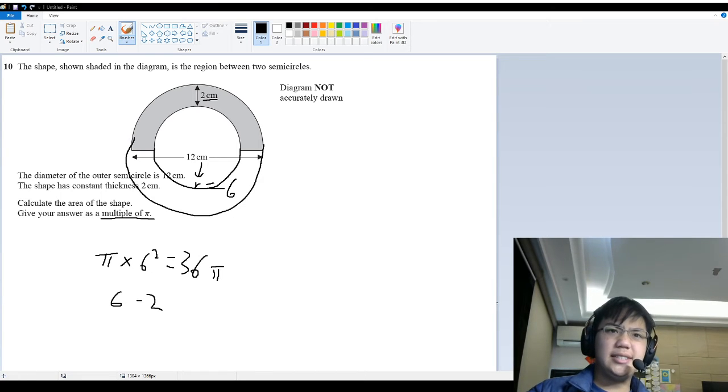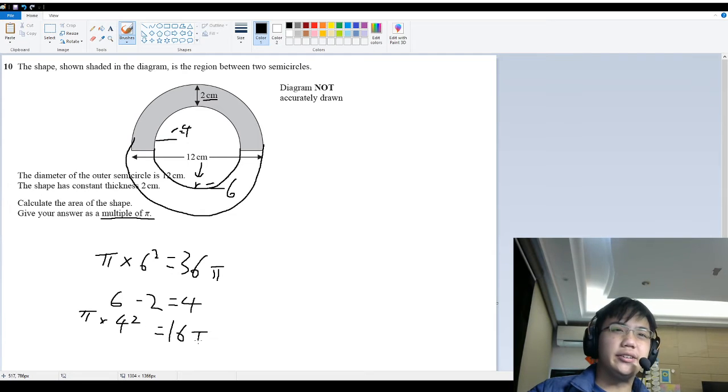So 6 minus 2 equals 4, and the inner circle with a radius of 4 would be calculated with pi times 4 squared, which equals 16 pi.